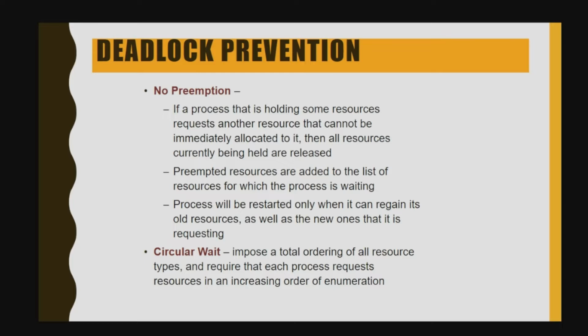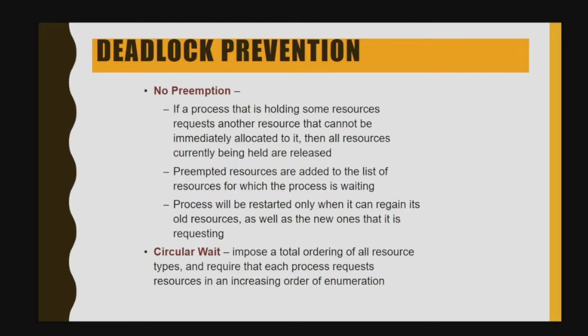This is how resources are allocated to the process. The process will restart only when it can regain all its old resources as well as the new one that it is requesting. You need to imagine that a process can hold a resource or use the resource, and at the same time the same process can make a request.